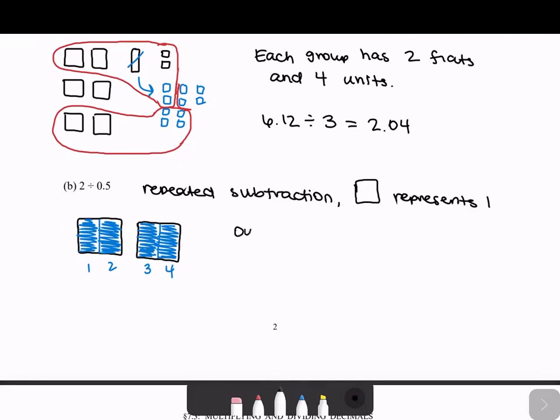So out of 2, we can make 4 groups of size 1/2, which is 0.5.